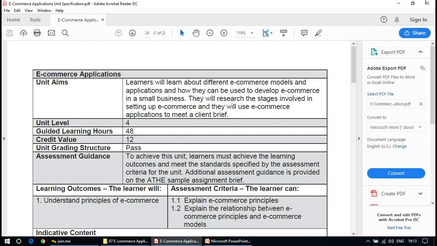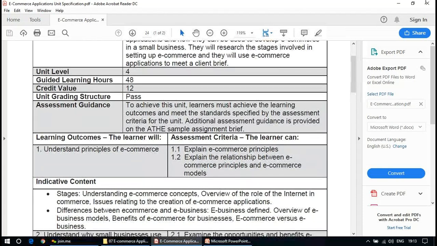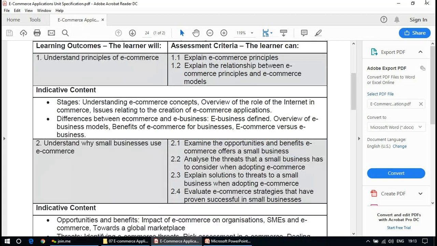Okay, so e-com applications. We've completed the principles of e-commerce, then certain concepts, then the difference between e-com and e-business, and an overview of models.